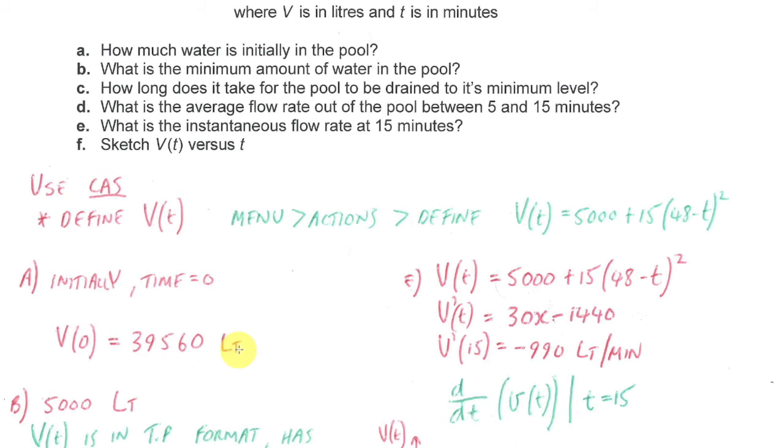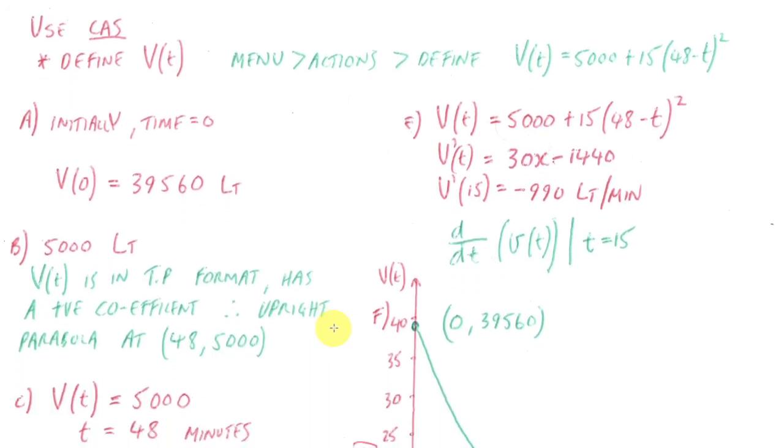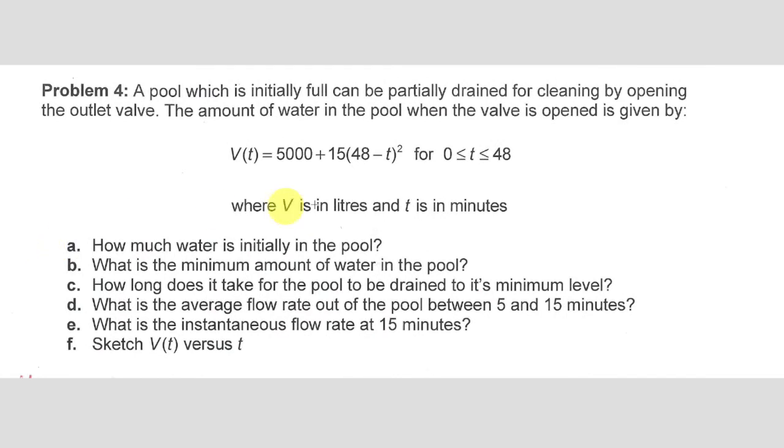B, what is the minimum amount of water in the pool? Now, I've worked out this answer by simply recognising that my equation is in turning point form. So if I look at the equation, then my turning point is going to be what makes the bracket equal to 0 here, and that's where t equals 48.